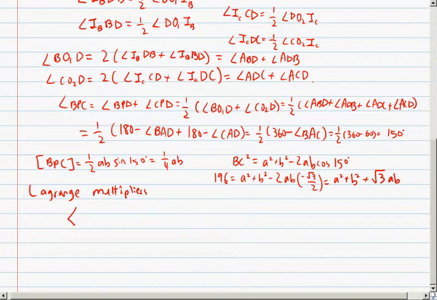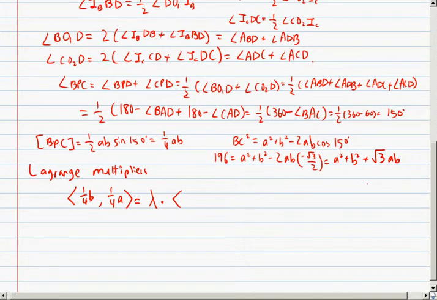So we have to take the derivative of area of BPC with respect to A. That gives us 1/4 B. And with respect to B, 1/4 A. This gradient is equal to the Lagrange multiplier times the gradient of the constraint function: with respect to A, which is 2A plus √3 times B, and with respect to B, which is 2B plus √3 times A.